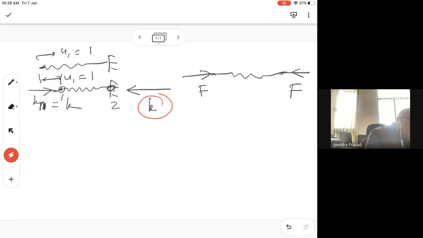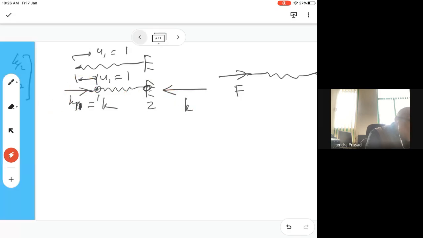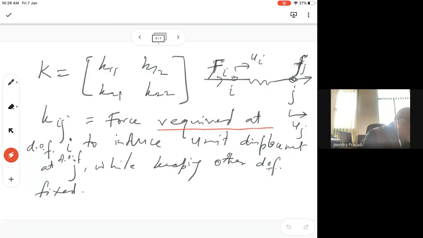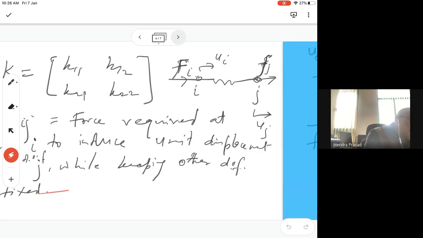So what is the value of this? This is the K force that you need to induce a unit displacement here. Go back to the definition. What is that? Force required at degree of freedom I, we are talking about degree of freedom, in that case 2, to induce unit displacement at degree of freedom J. J in our case is 1. While keeping other degree of freedom fixed.